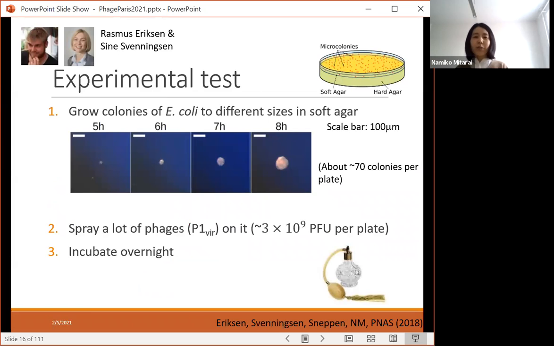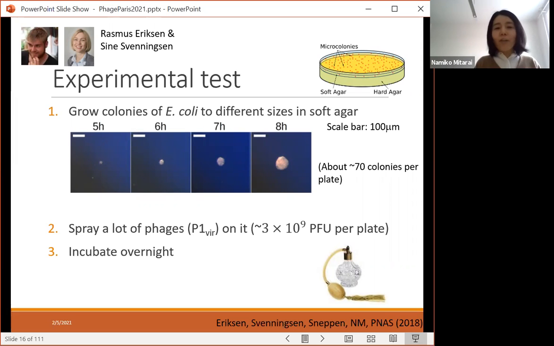And we also tried to test this experimentally. We grew colonies of different sizes and then sprayed a lot of phage. In this case, we used the phage called P1 Vir, which is relatively slow in the time between infection and lysis, so that should give a lot of protection through this multiple infection mechanism.